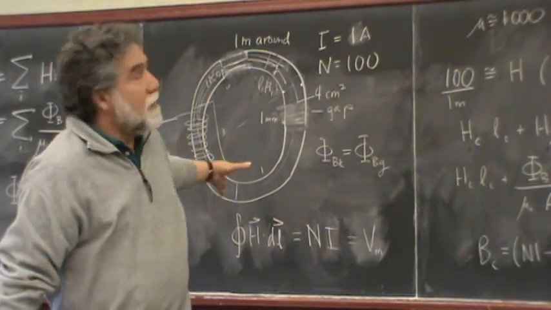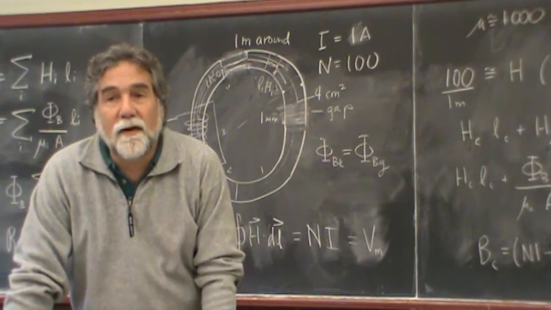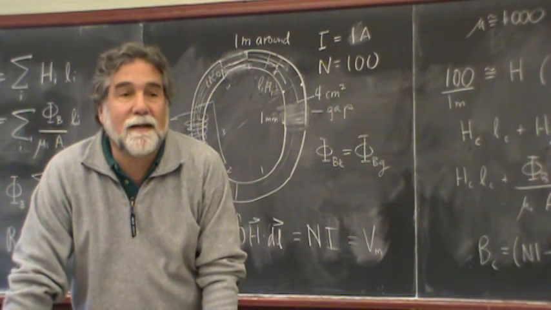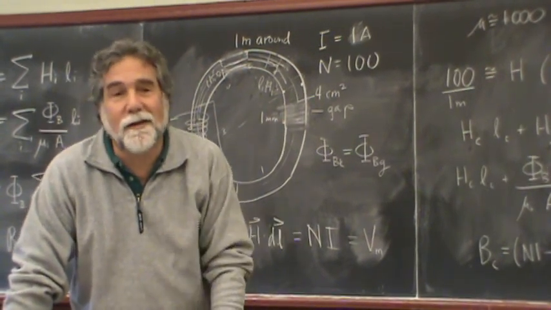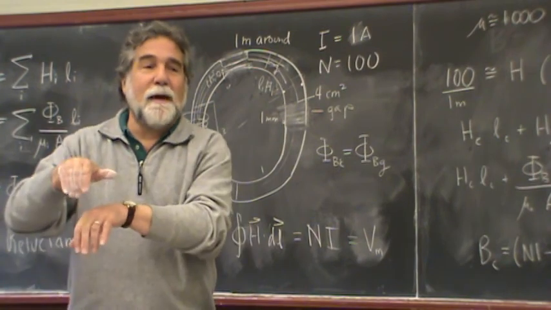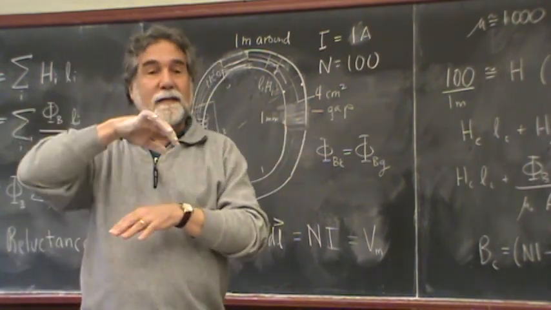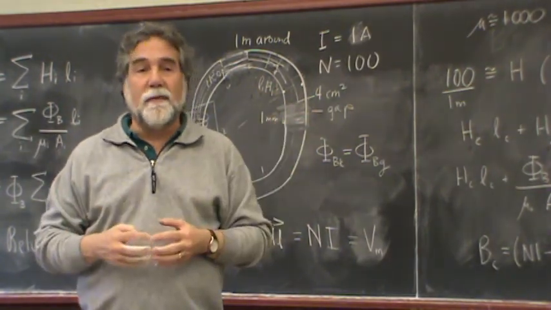What I haven't done, but I can make available, I'll put it in the notes, is how you do the calculation if you have a constant magnetization in the metal itself. Well, if you know the magnetization, then all is done, all right? But if you have a gap and now you're going to magnetize it, and mu is, you have hysteresis, then there are some corrections to this that we have to make.